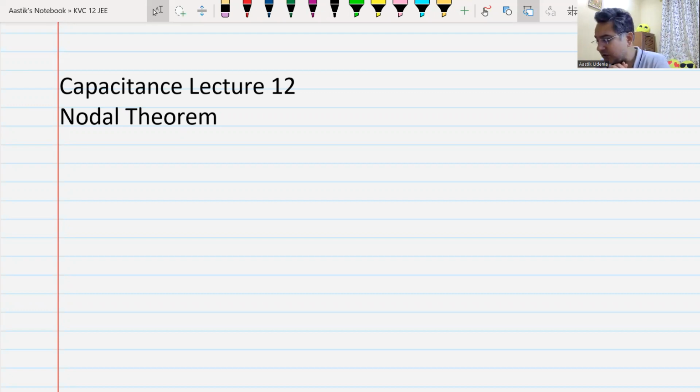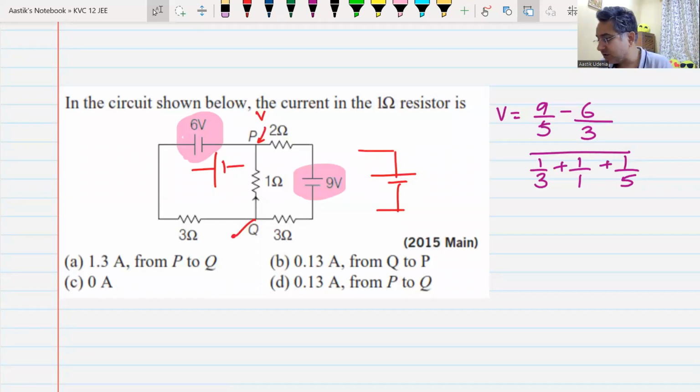Remember, we are doing capacitance and resistances together, and we will see more stuff that is peculiar to capacitance. In the last lecture, we had seen the Nodal theorem for resistances, and we had seen the various cases in which you can apply it and get the answer quite simply, especially for circuits that have two nodes or two branches. We've seen how quickly the Nodal theorem can give us the value of current.